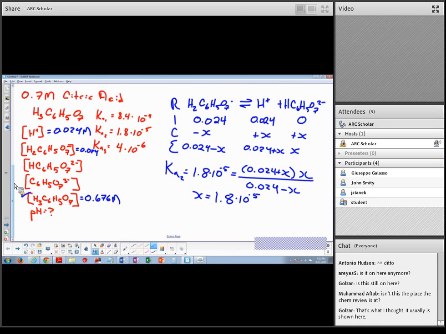So now, should we change the H plus concentration? Are we adding that much extra H plus to it? No. So it's pretty much going to be 0.024. Same thing with this one. We're not really taking away very much of this guy, so it's going to remain 0.024. But now we have this one, 1.8 times 10 to the negative 5 molar.